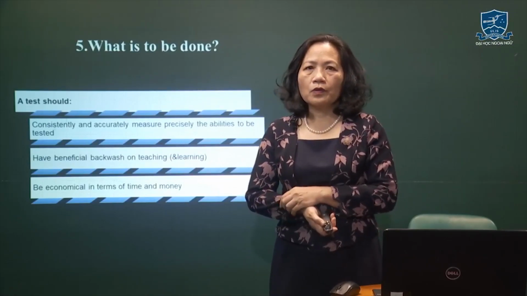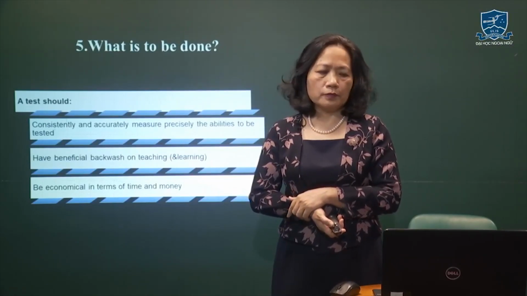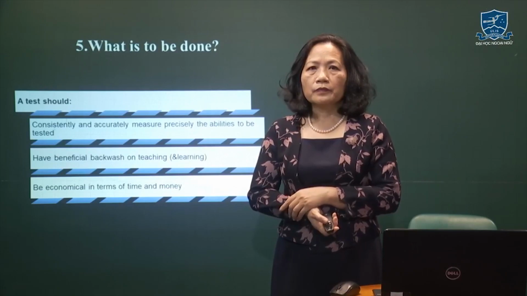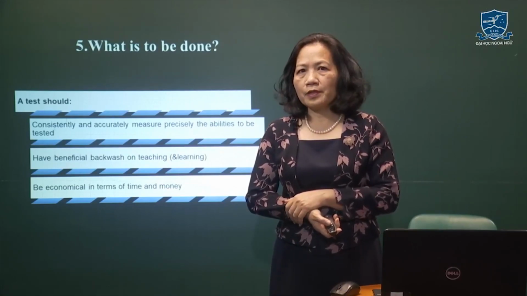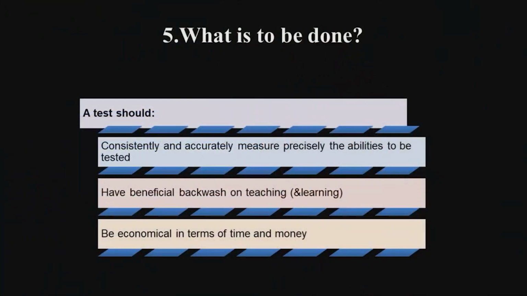So what should we do? You know, testing is important because it has a lot of influence, both harmful and beneficial, on teaching and learning. And yes, tests sometimes are inaccurate, which provide inaccurate information about students' learning, students' ability.